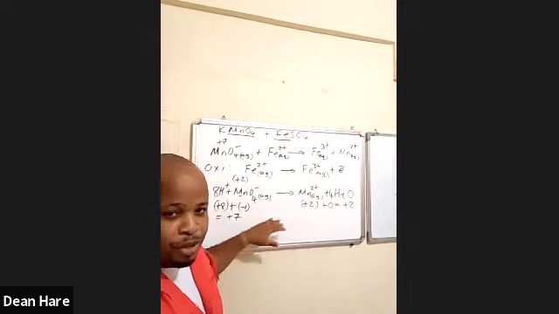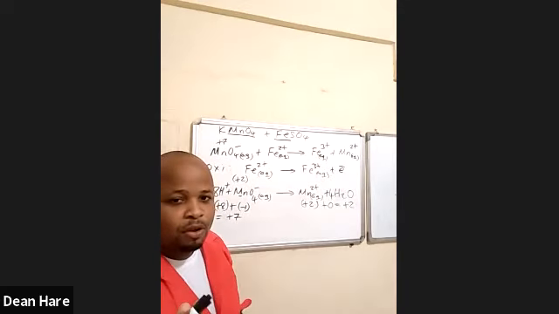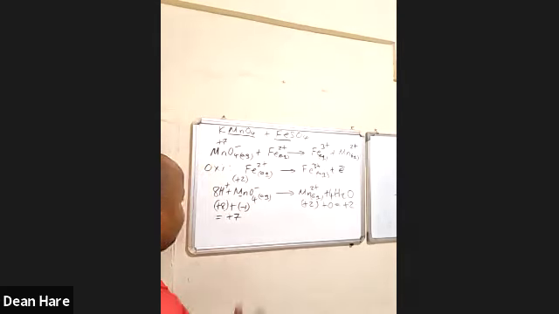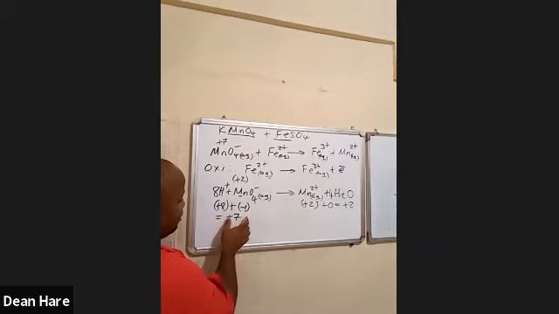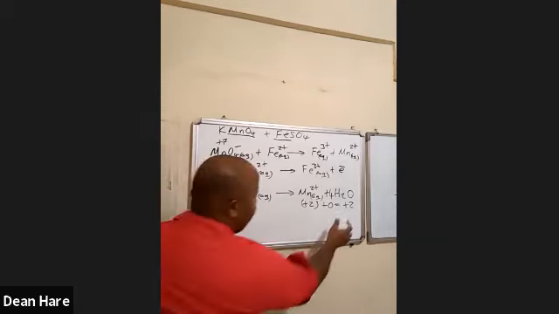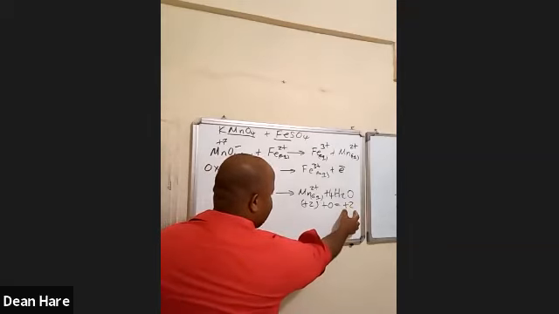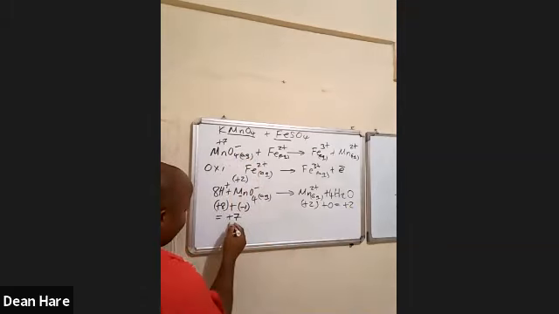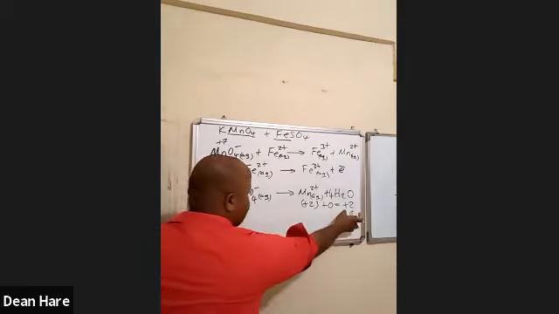Now for the reduction equation, it is the opposite. We need to ensure that the charges on the left side of our equation are equal to the charges on the right side. So we need to bring down +7 to +2. So how many negative charges?